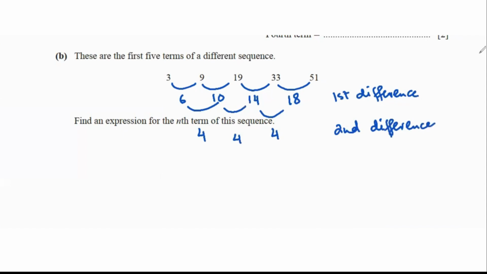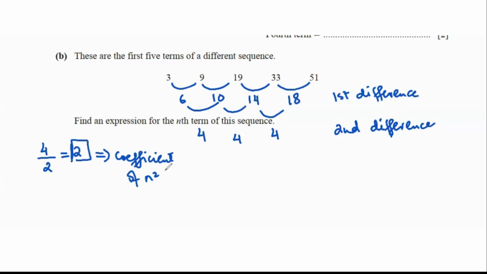So what we're going to do is we're going to take our second difference, which is 4, and divide that by 2. That's going to give us 2. This 2 is your coefficient of n square. Why n square? Because whenever the first difference is not common and we're trying to find the second difference, and the second difference comes out to be a common difference, that means we have a quadratic sequence, not a linear sequence.